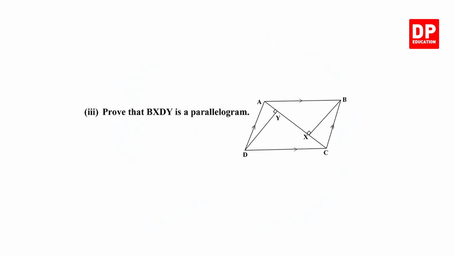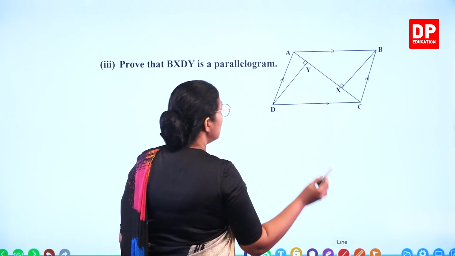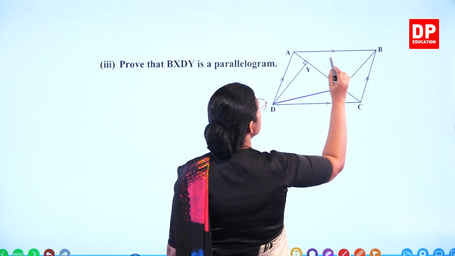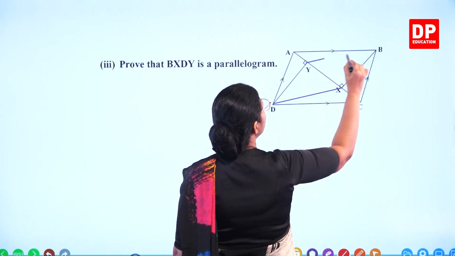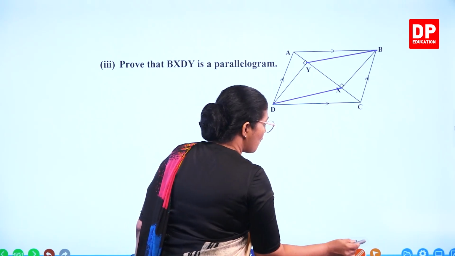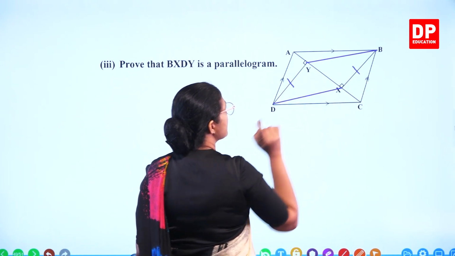Next part. Prove that BXDY is a parallelogram. Let's see. Let's connect the lines and see. BXDY. Show that this is a parallelogram. From the previous part, we found that DY is equal to BX.